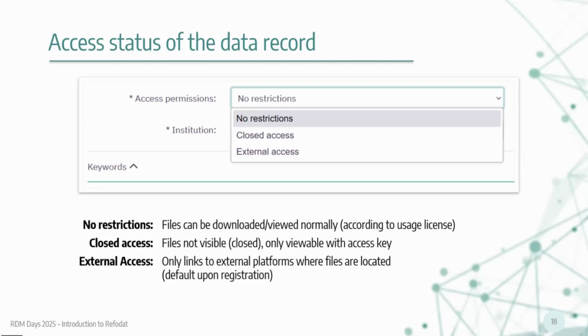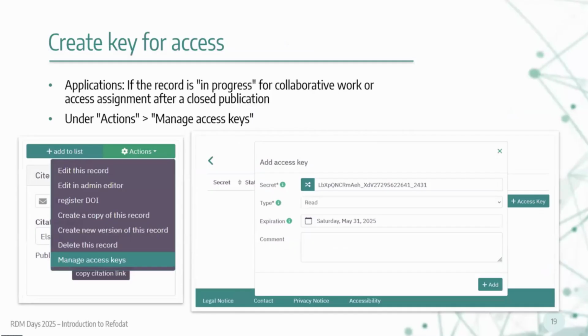If you do opt for the closed access and want people to be able to view them, like from your group or your project, but not everyone else, you might want to create a so-called access key for this record. There are several use cases for this. One is if the record is still in progress, so not even published yet, and you still want people to work on the metadata or be able to just see the record, or for access assignment after a closed publication.